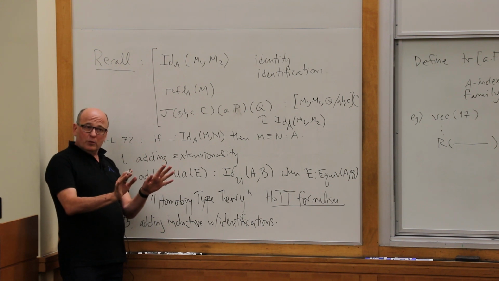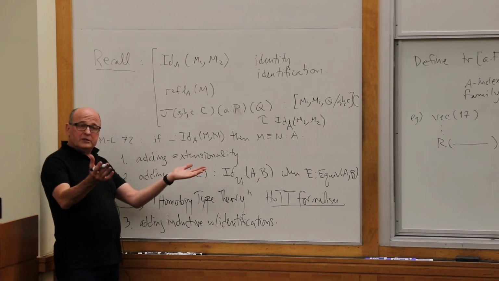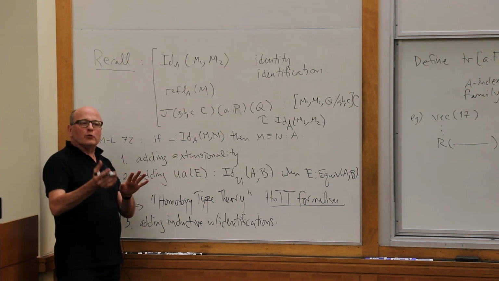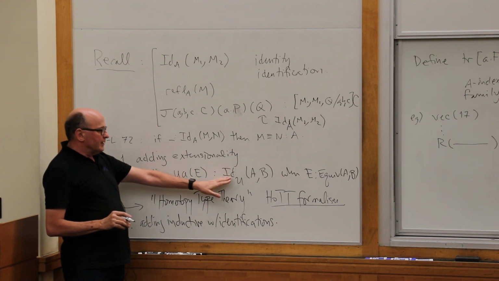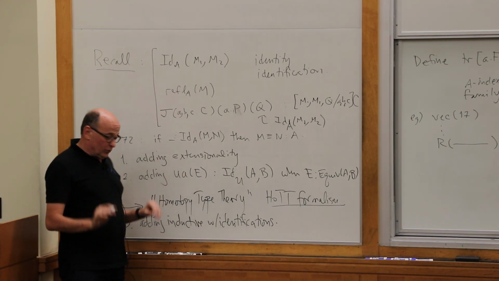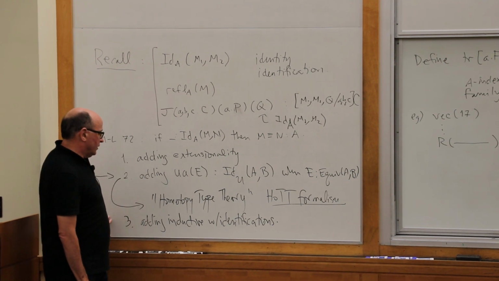So I won't say any more about that, but that's essentially the idea. So instead of being purely freely generated, it can be freely generated, so to say, modulo some equations, except they're not equations, they're identifications, and the identifications are proof relevant. Okay, there's a whole story there, but I won't be able to explain that in any detail here, okay?